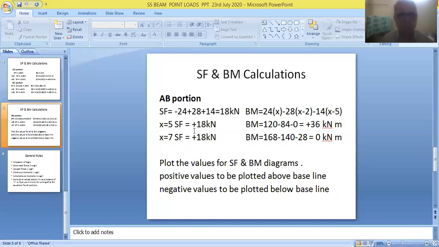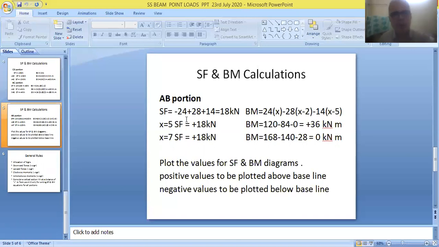So friends, for the AB portion, again we are considering a section at a distance of X meter from the right end of the beam. So three forces will be coming into picture. 24 is acting in upward direction, so a negative symbol is allotted to 24. 28 and 14 are acting in downward direction, so plus symbols are allotted to these forces.